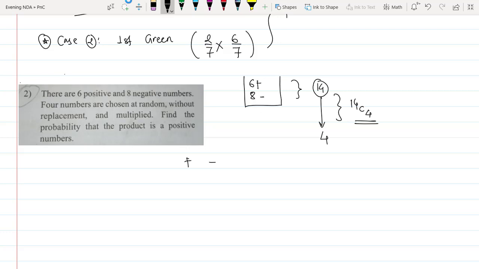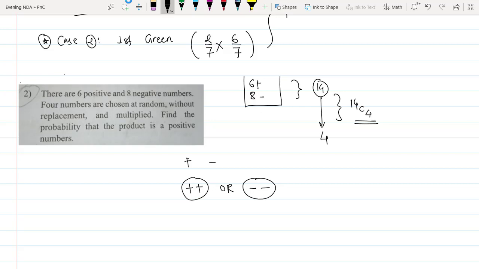Now see here, to have the multiplication positive, either all the numbers should be positive or all the numbers should be negative. Are you getting the point? Yes sir. If that is the case, then only I say that my product is positive. Now find out how many such selections we can form.